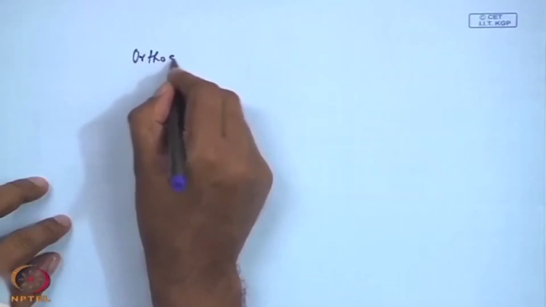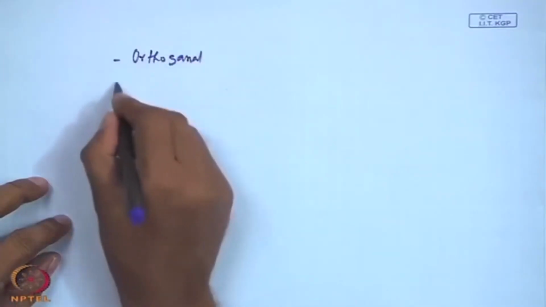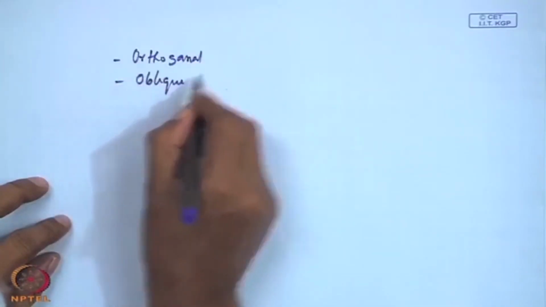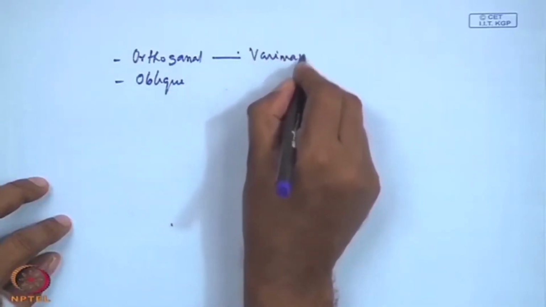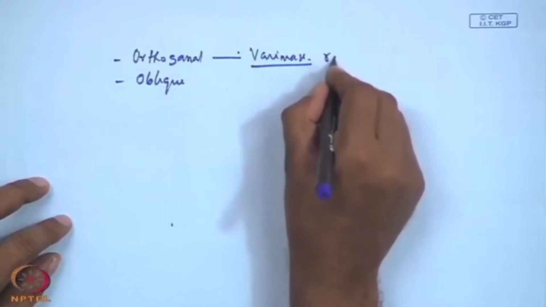Then what are the different types of transformation possible? One is orthogonal, another one is oblique. Under orthogonal, the most commonly used is Varimax rotation.